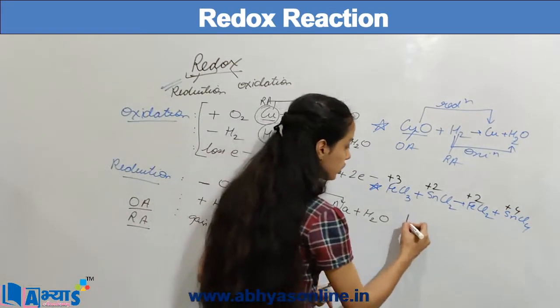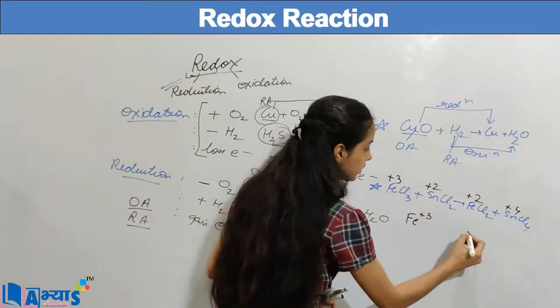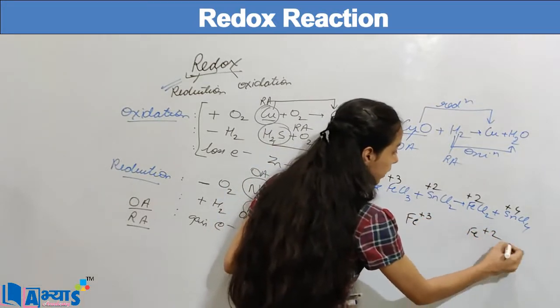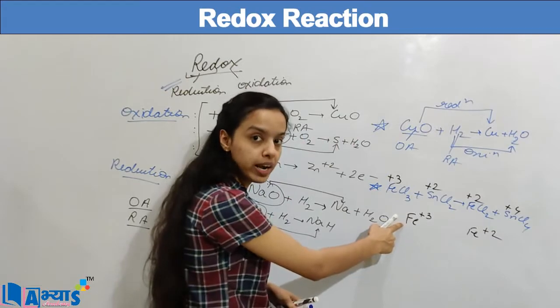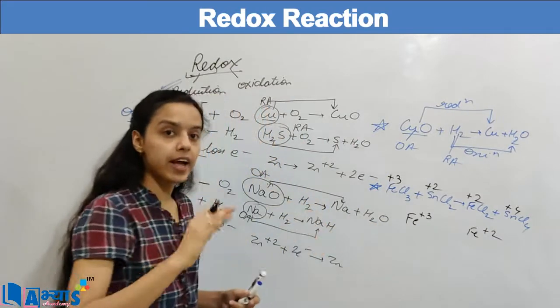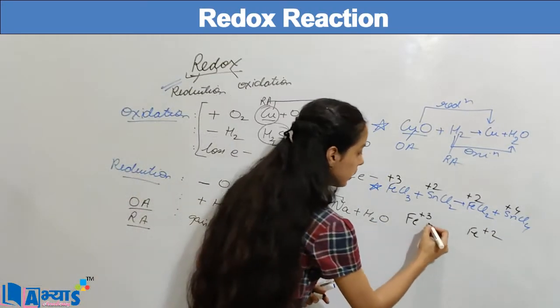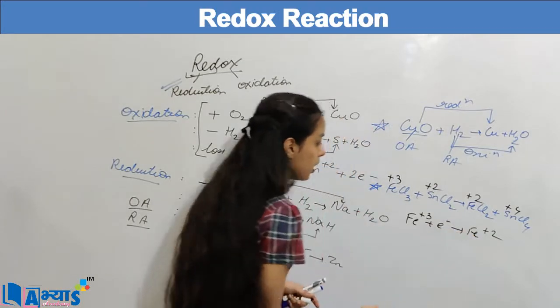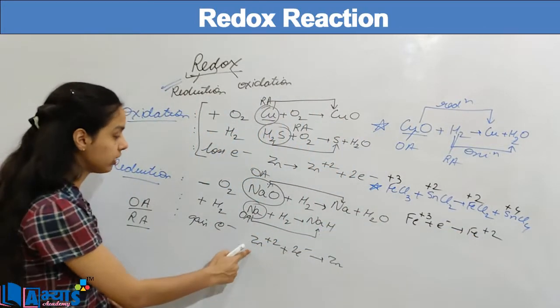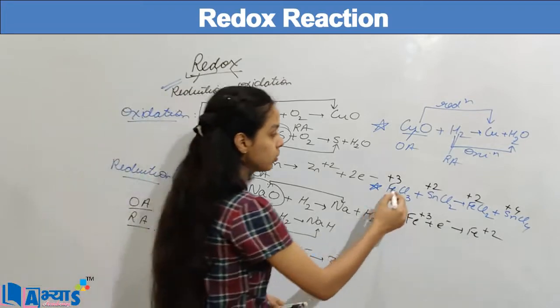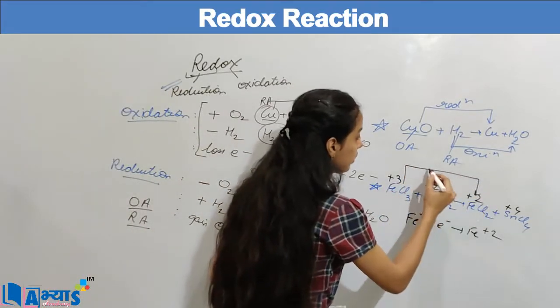Now when we want to shift from Fe +3 to Fe +2, I have to subtract 1 from here. That means there is addition of an electron. Now when there is addition of electron, it is reduction. So this is undergoing reduction.